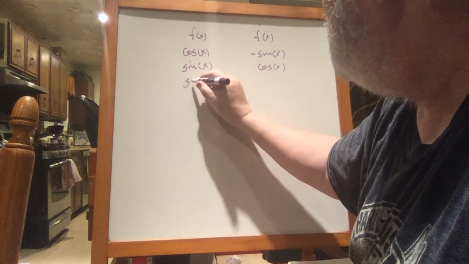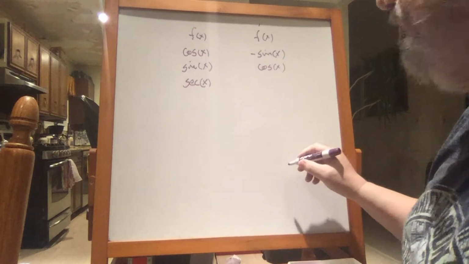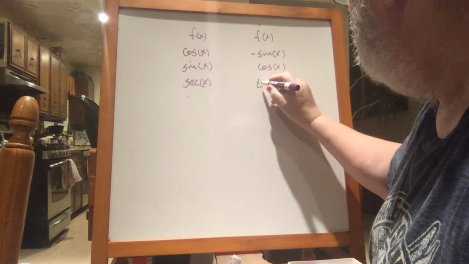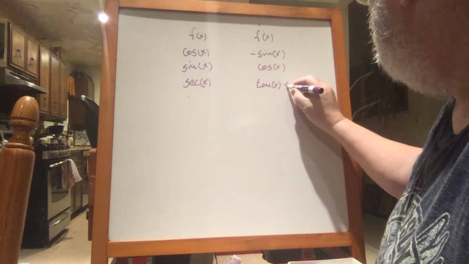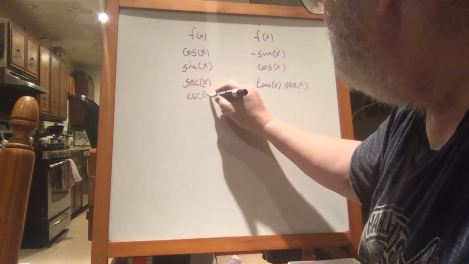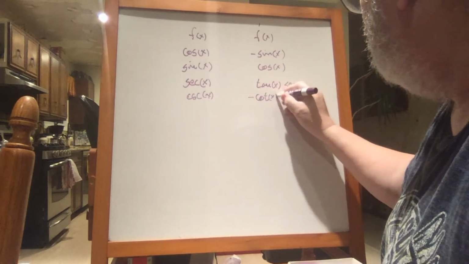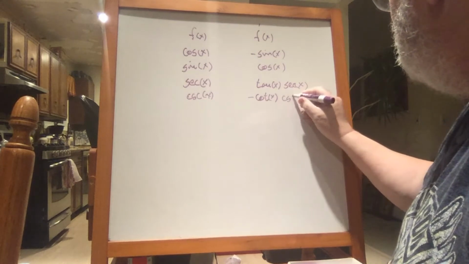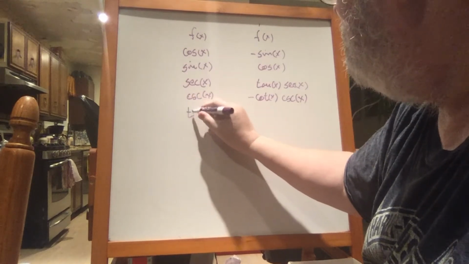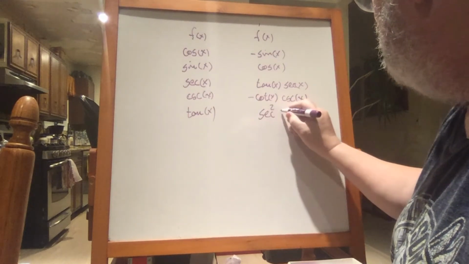Tangent x, secant x, and cosecant of x is equal to the negative cotangent of x cosecant of x, and we got tangent x is equal to secant squared of x.